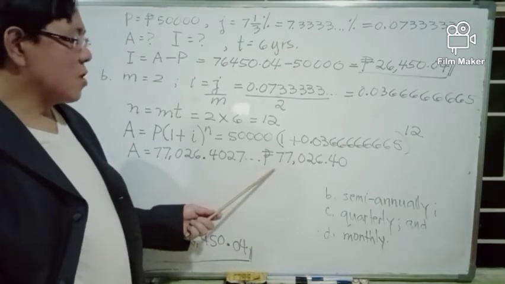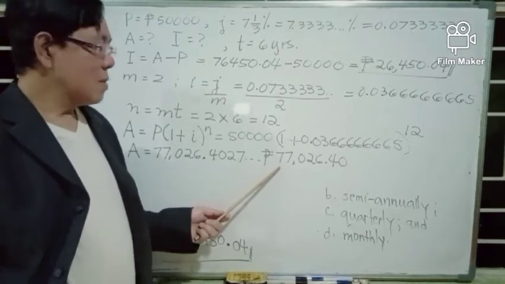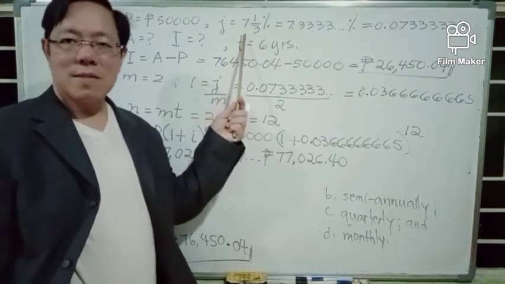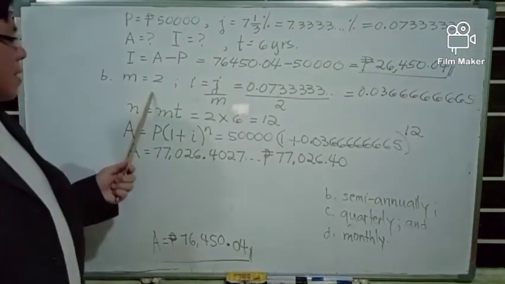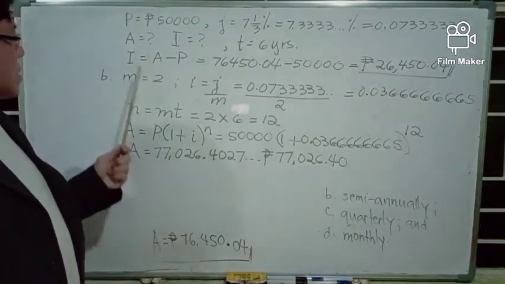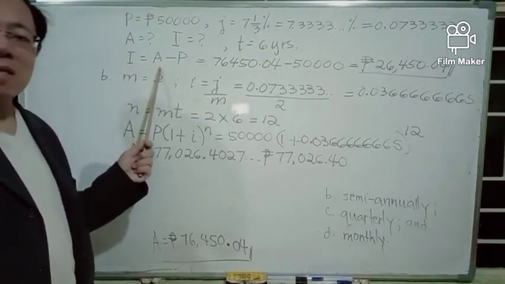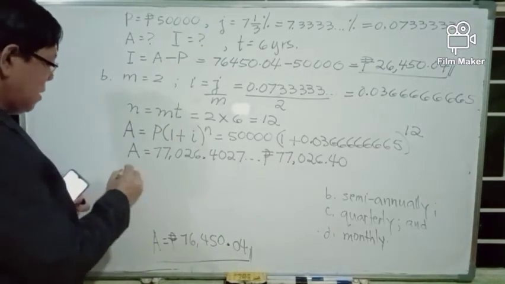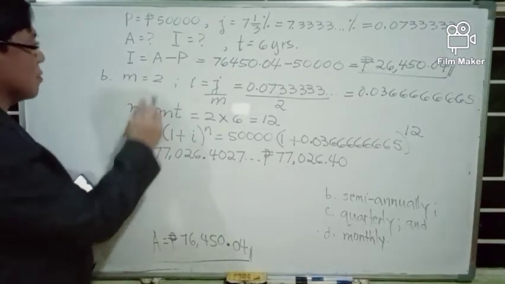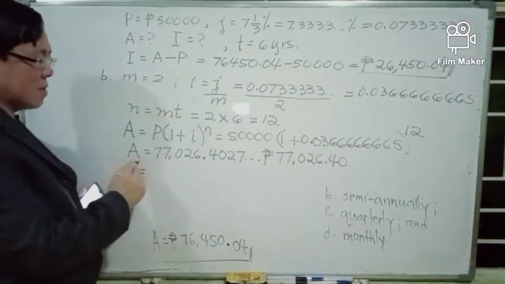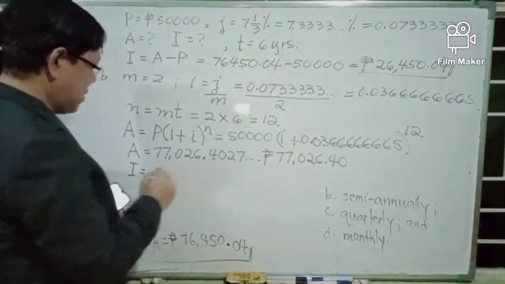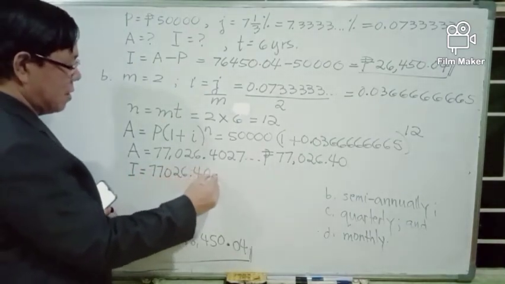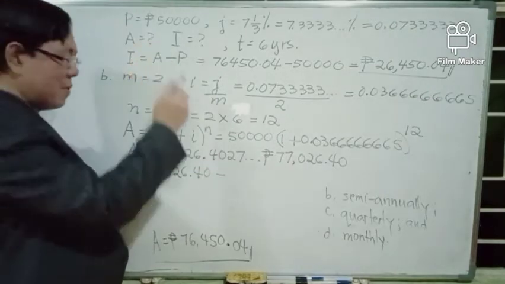This is the accumulated amount or compound amount of 50,000 pesos at 7 1/3% compounded semi-annually. Now we compute the amount of interest by getting the difference of A and P. Amount of interest I is equal to the accumulated value of 50,000 pesos, 77,026.40, minus the principal of 50,000.